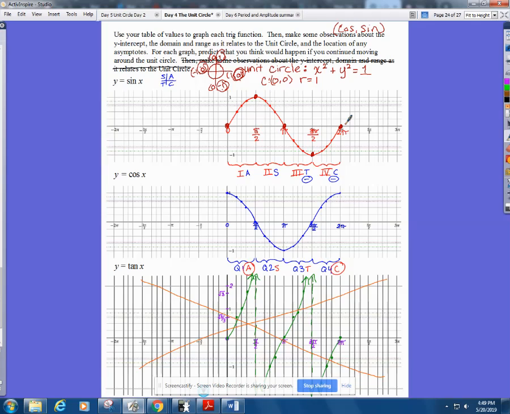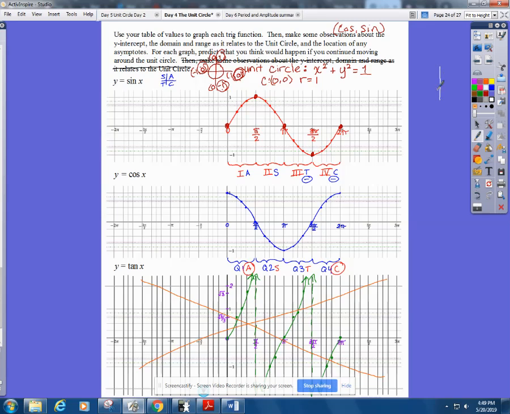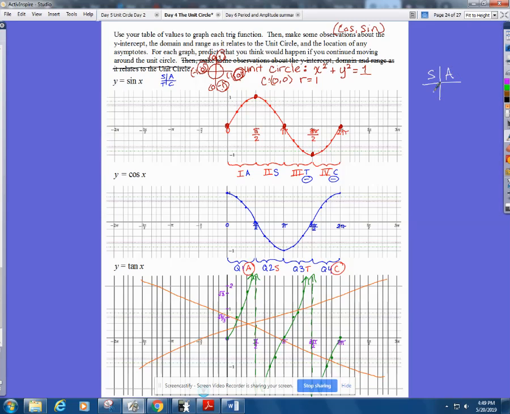The first thing I want to point out is that in each quadrant, we learned the signs of the trig values. When we did this the other day: all students take classes. In quadrant 1, everything is positive. Quadrant 2, sine is positive, tangent is positive, and cosine is positive. So where is sine positive?